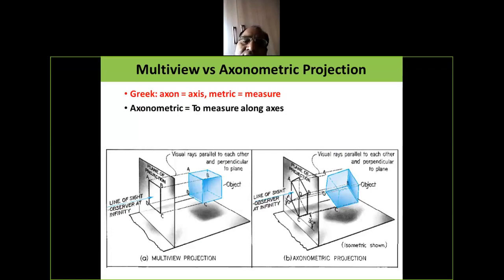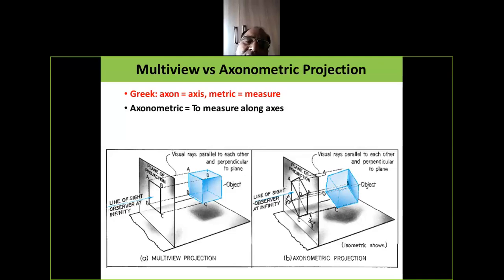And in the other case, if the object is inclined to both the axes, horizontal and vertical, then the projection will look like that.